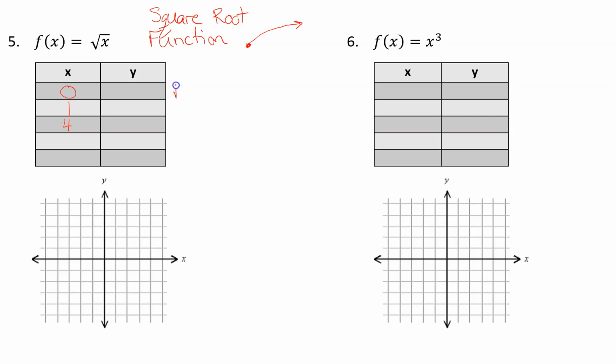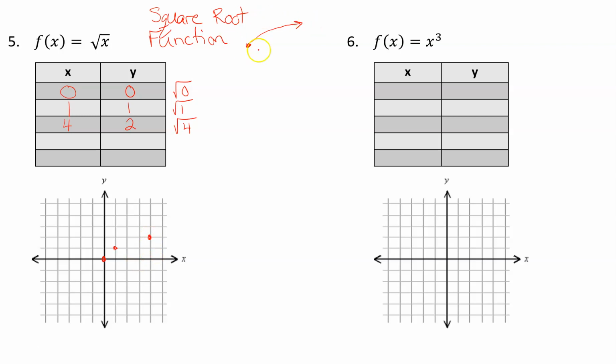So when we take the square root of 0, we get 0. The square root of 1 is 1. Remember the radical, we only give the positive square root. And square root of 4 is 2. So let's plot (0, 0), (1, 1), and (4, 2).